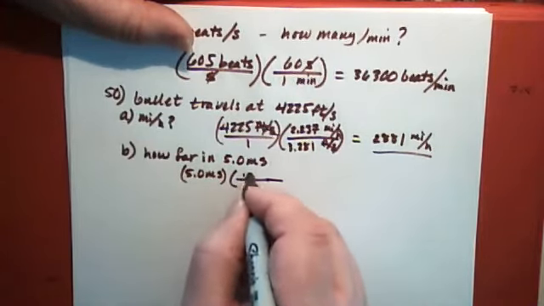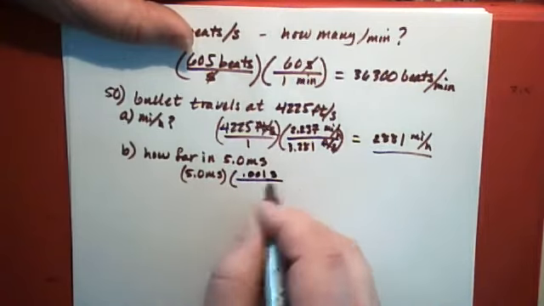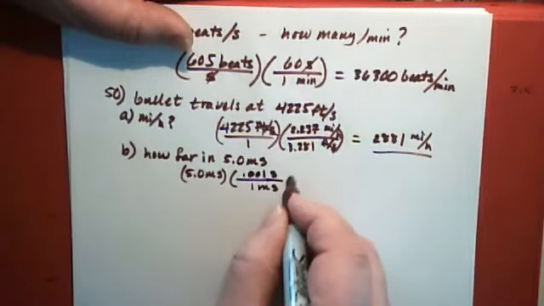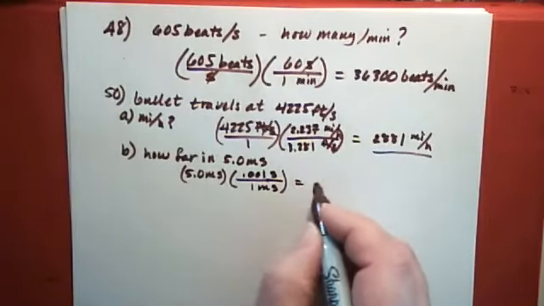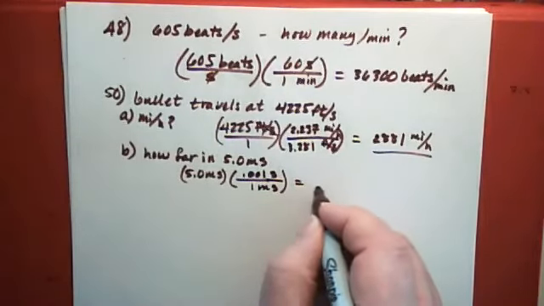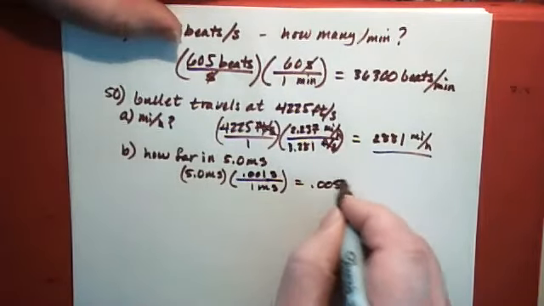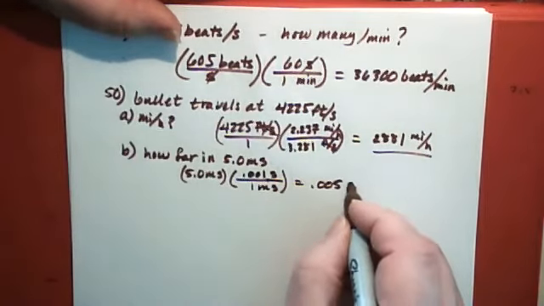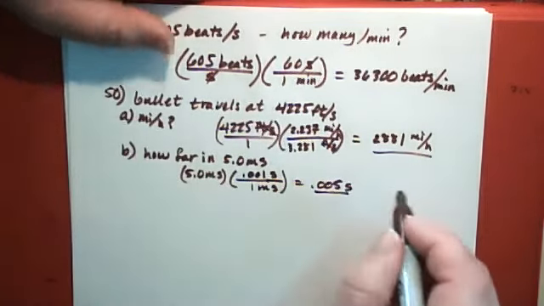So there's 0.001 second for every 1 millisecond, because a millisecond is 1/1000th of a second. And so that's 0.005 seconds is the time we're talking about.